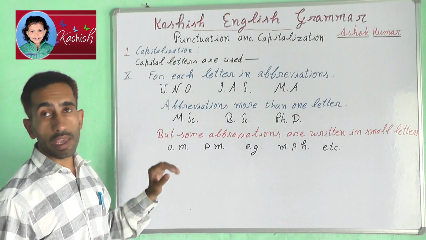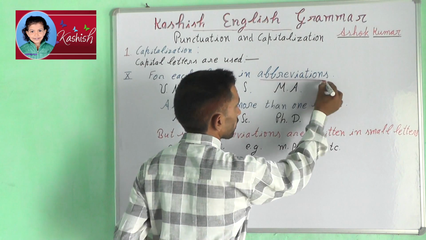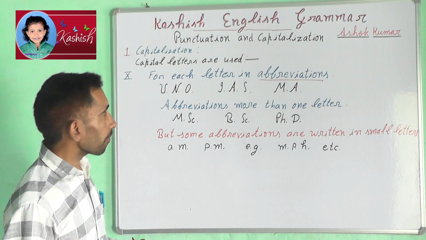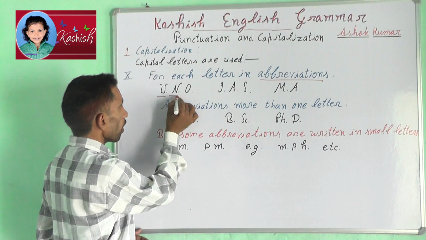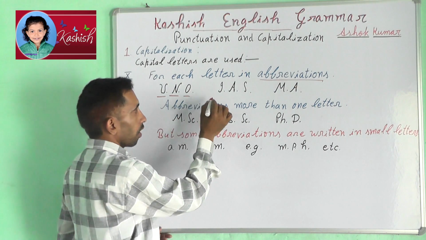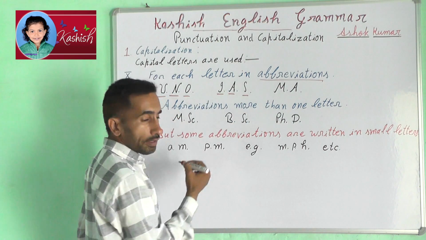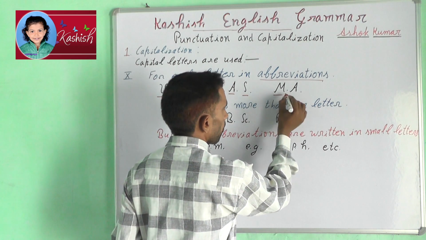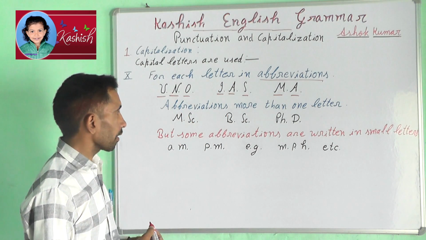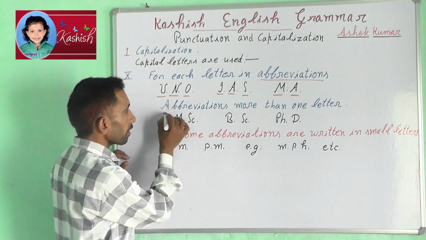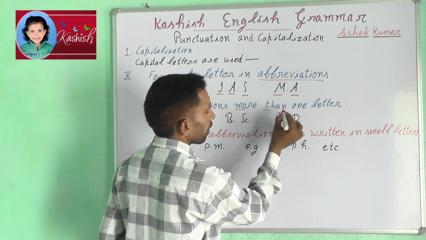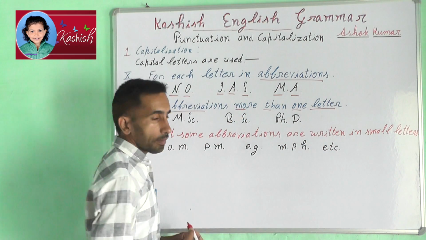Tenth, for each letter in abbreviations. For example, UNO, IAS, MA. Abbreviations with more than one letter.